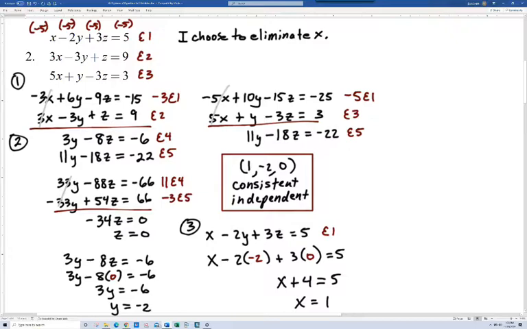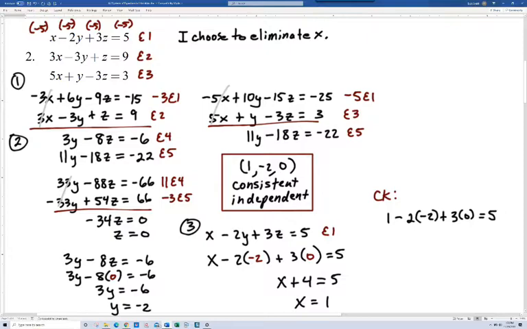Okay, the other thing I wanted to point out here is these are very easy to check. So if you're taking a test, you can know if you did it right or wrong. We're just going to plug the numbers in. So let's go ahead and do that. So I'm going to go ahead and plug in 1 for x, negative 2 for y, and 0 for z into the first equation. So we have 1 minus 2 times negative 2 plus 3 times 0 equals 5.